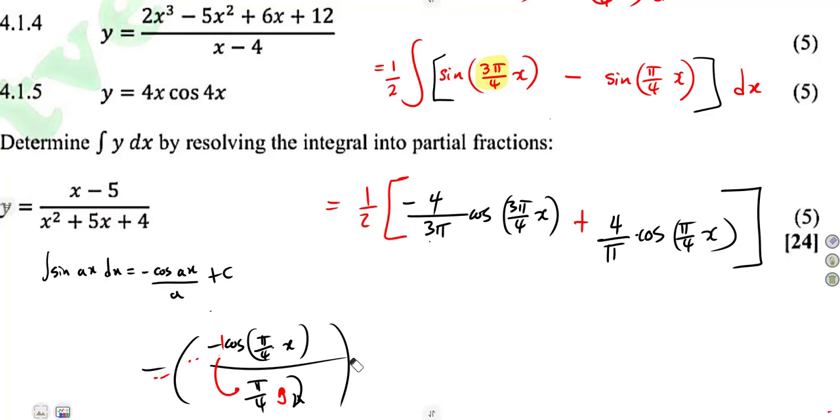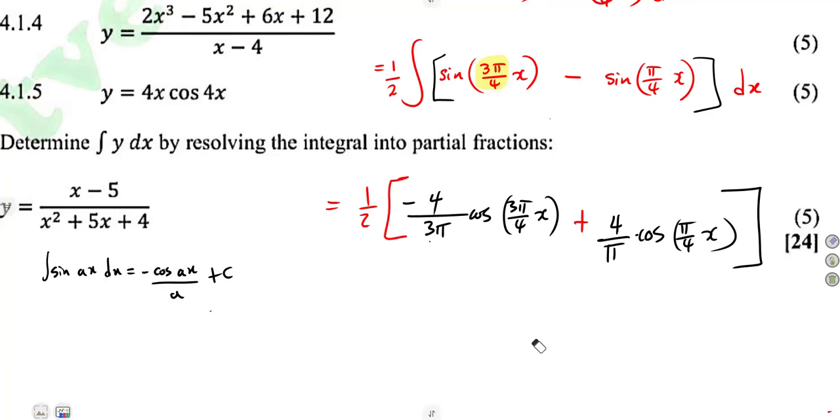If you want, you can expand the brackets. You have integrated, guys. 1 over 2 times this is going to give us minus 2 over 3 pi, cos 3 pi over 4x.